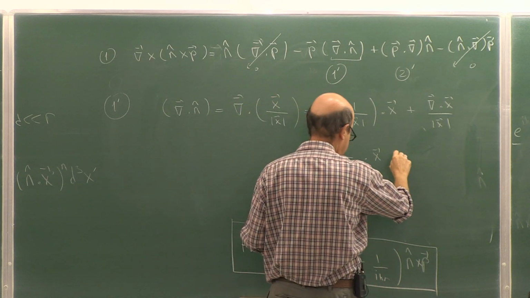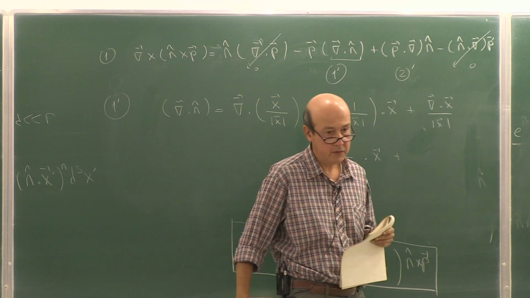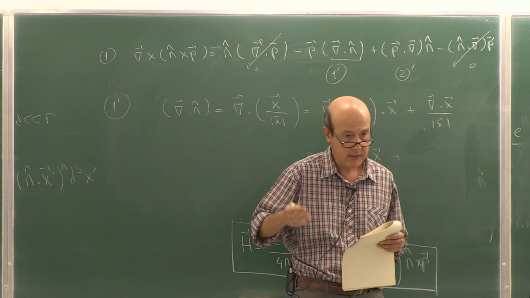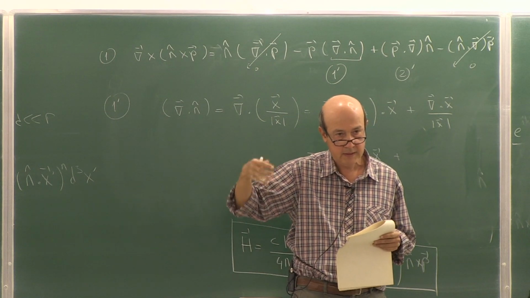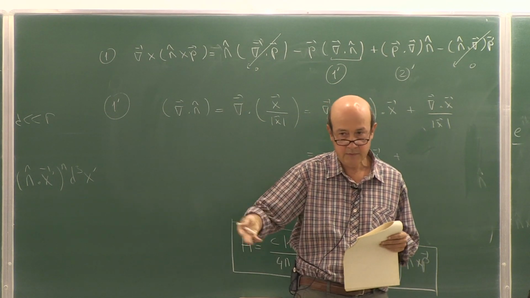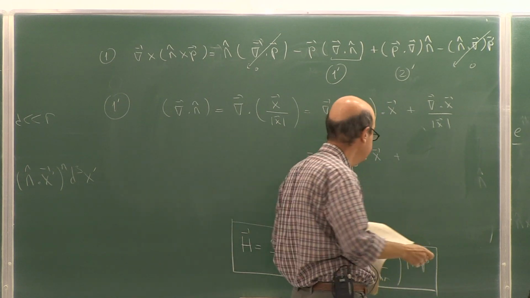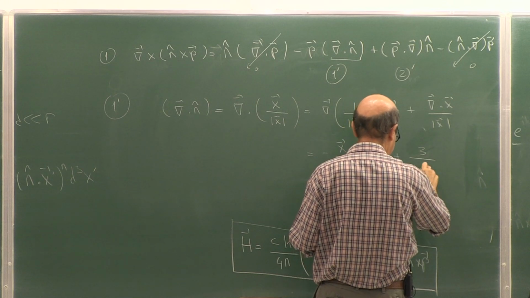And what is the divergence of x? You can say this very easily. x is x hat plus y hat plus z hat components. If you take the derivative with respect to x, y and z, you will have 3, so that is 3 over x.